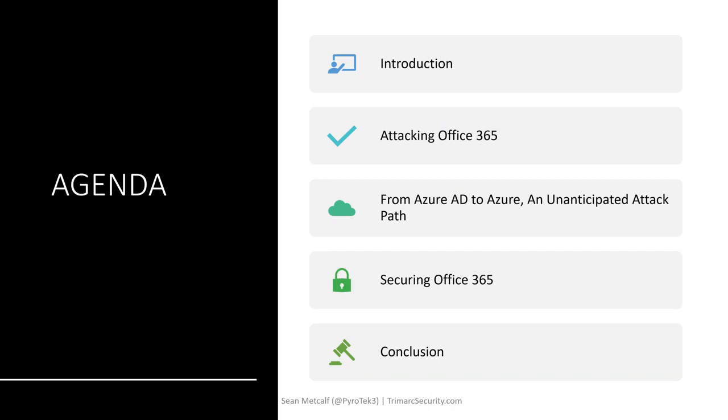I'm going to cover this in the presentation. The slides will be available later, as I mentioned. There's also a blog post that's dropping on adsecurity.org later today, as well, following on trimarcsecurity.com, that covers everything that I talk about and the things that you can do to mitigate this potential attack path. And then after that, I'm going to talk about how to best secure Office 365, and then kind of wrap it all up, and then we'll do some question and answer.